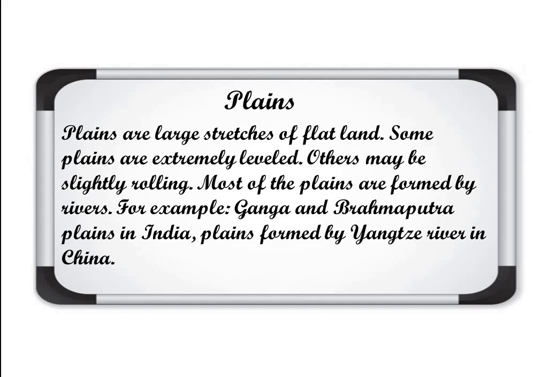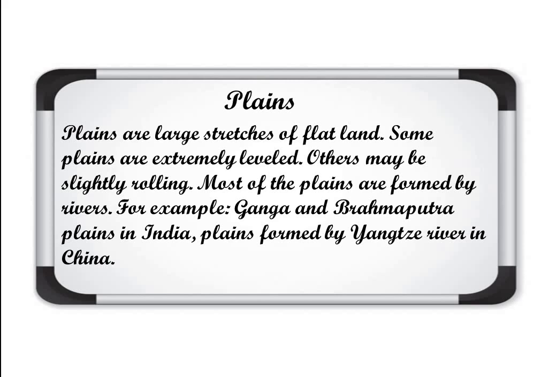And here it is said that most of the plains are formed by the rivers. As we have completed the complete process, the rivers bring silt and sand from the mountainous areas when they are doing the erosion process there. But when they come down in the valleys, they deposit that eroded material there and form the plains.